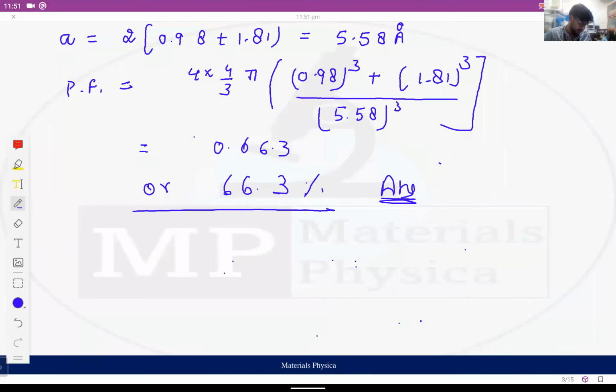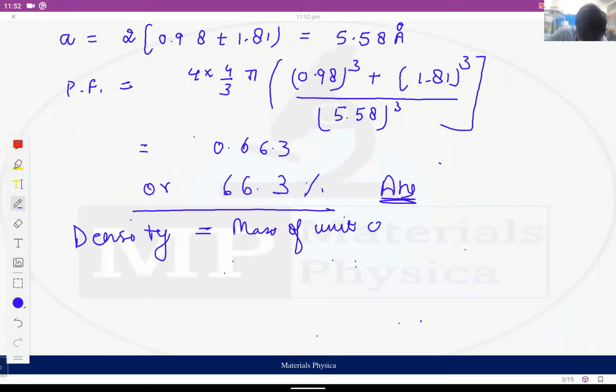Now the second part of this question is the density of this crystal. For density, we know the formula is mass of the unit cell over volume of the unit cell.